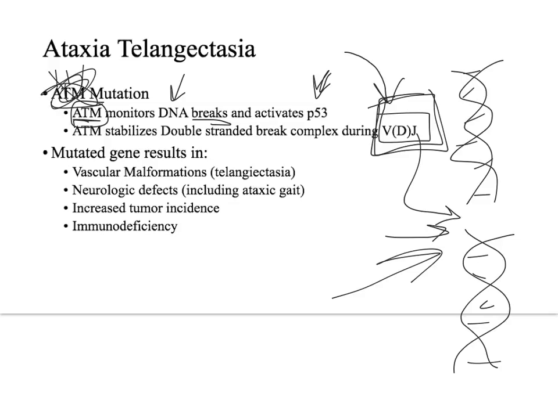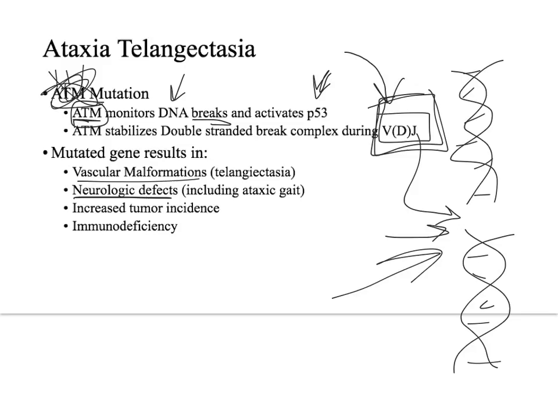Now, anything that's dividing fast, anything that has the chance of mutating fast, you're thinking of that. So vascular, except for, and I don't know why, skin, probably because there's so many other mechanisms. But you get vascular malformations, you get neurological defects. Neurologic makes a lot of sense to me.